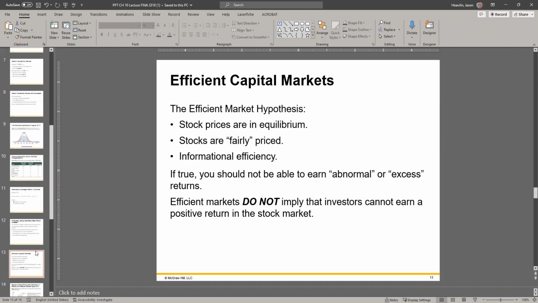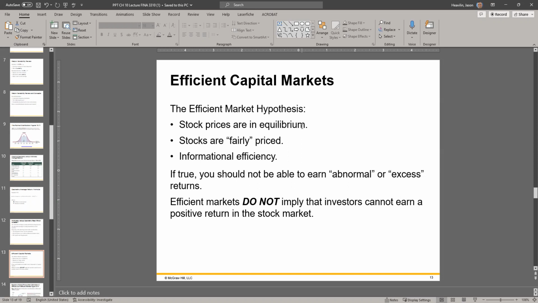Efficient capital markets. So let's shift gears to the efficient market hypothesis. A couple of things. Stock prices are in equilibrium. This could be a more complex thing to define, but for now, look at it as every stock is given the appropriate return for the risk associated with that stock.